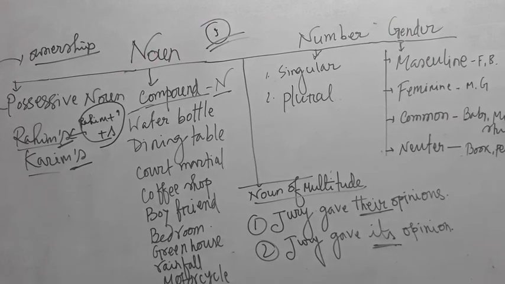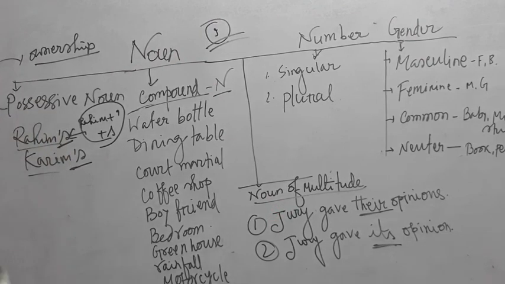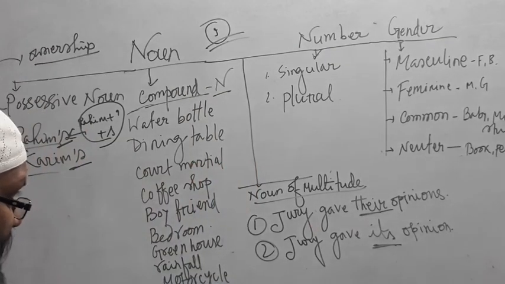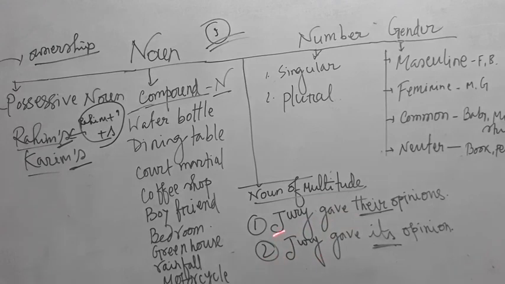Okay. And then another point I would like to tell you, which is also heard every now and then. It will be used later on, whenever you go to read about the right form of verb or any agreement of verb with subject. See that, noun of multitude. Noun, you know, and then multitude.